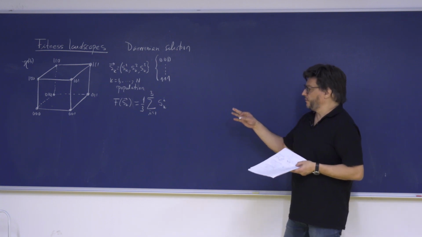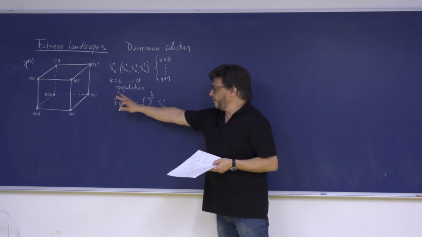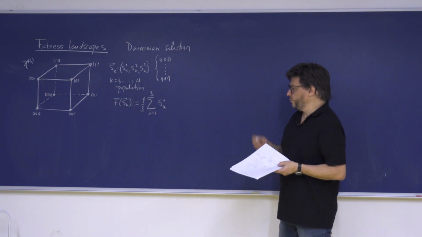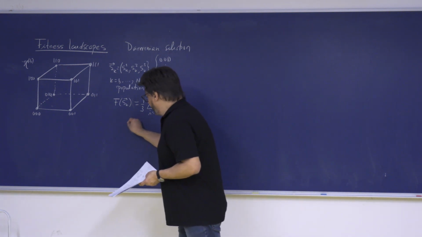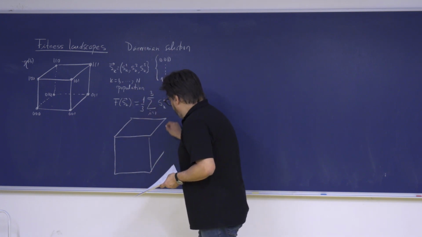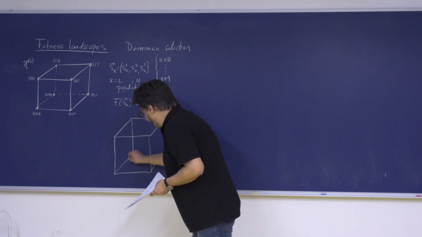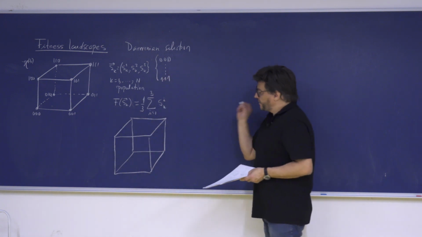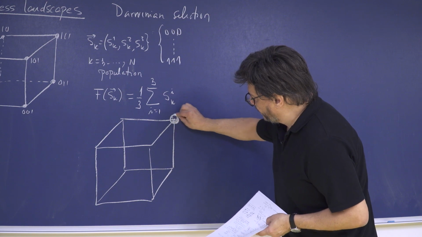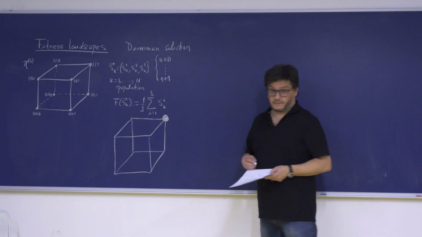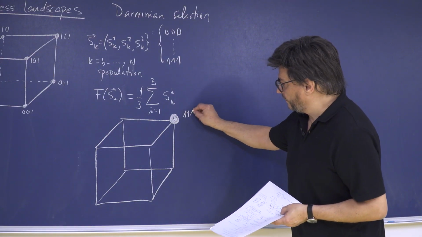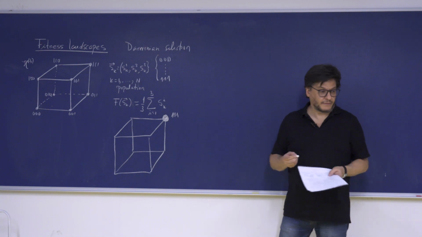Well, if I use that and I map that into my hypercube, what can I write here that helps to guide a little bit? Well, if I just take into account this simple example, and now I assign to every vertex a little circle that somehow weights the fitness, what I will have here is the highest one, for example, the best replicator.